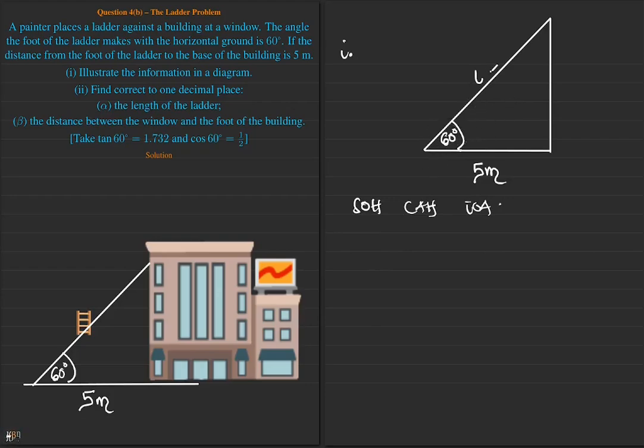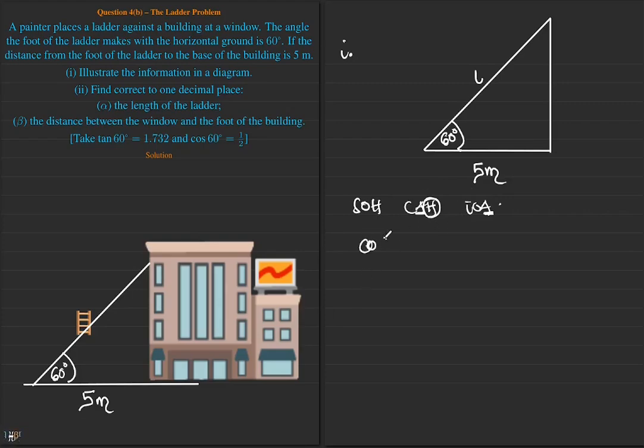If this is our angle, then this becomes the adjacent, and we also have the hypotenuse. So we don't have a complete set for sine, and neither do we have a complete set for tangent. Hence, we can use the cosine.